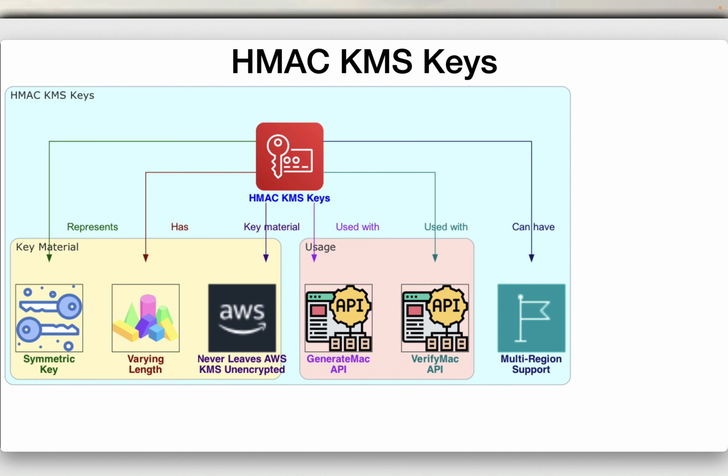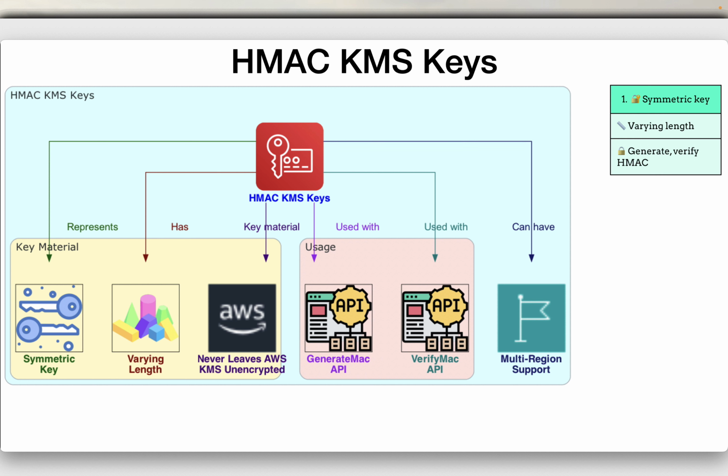Okay, next we'll see what are HMAC KMS keys. So HMAC stands for hash based message authentication code. An HMAC KMS key represents a symmetric key of varying length that is used to generate and verify hash-based message authentication codes.